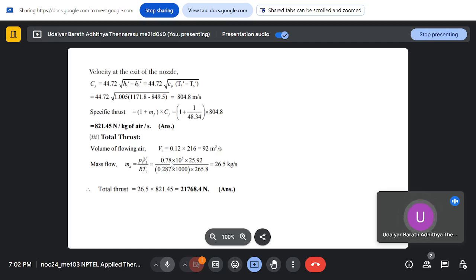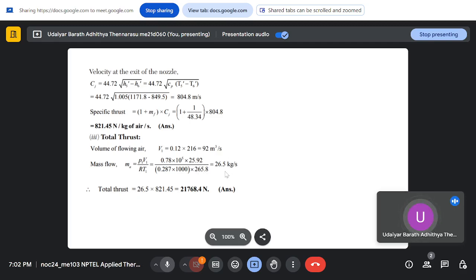Pressure is 0.78 bar into 10 power 5, converting to Pascal, into the volume we have found out, which is 92 meter cube per second, divided by R, 0.287 into 1000 into 265.8. So this gives me 26.5 kg per second.